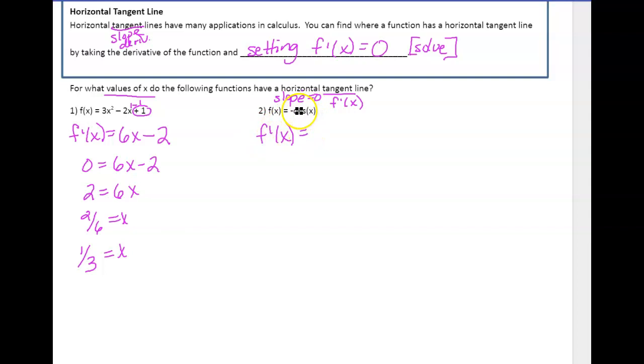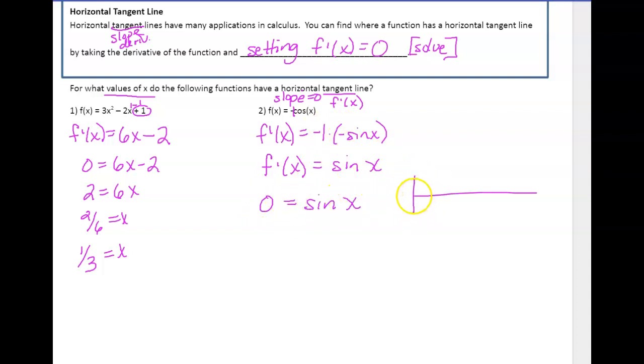So this is like a -1. So I'm going to leave that -1. And the derivative of cosine is negative sine. So if we clean this up, negative times negative is positive sine x, okay? So we want to know, when does sine equal 0? So you have to remember, without any calculators, that 0, pi, 2 pi, it's going to be every pi, positive and negative.